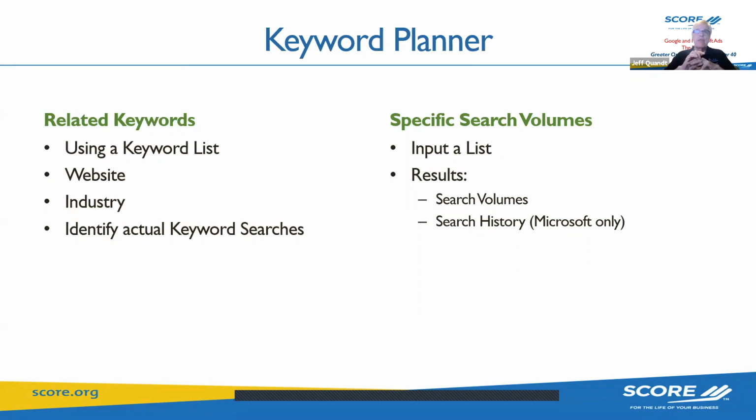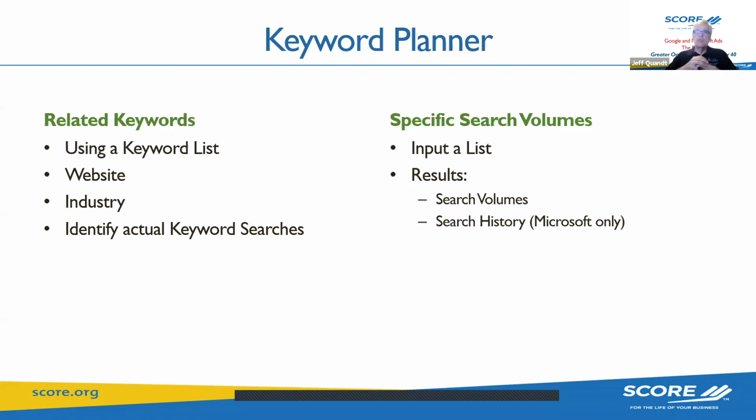You may find one on home improvement, which is more generic. So sometimes you may not use all these different areas to find related keywords and identify actual keyword search. I mean, they actually identify the actual keyword searches that are being done. And they will give you specific search volumes. I should say Microsoft will do that.